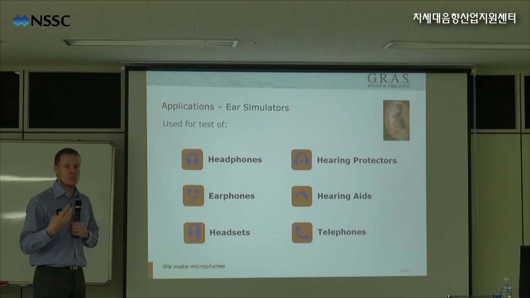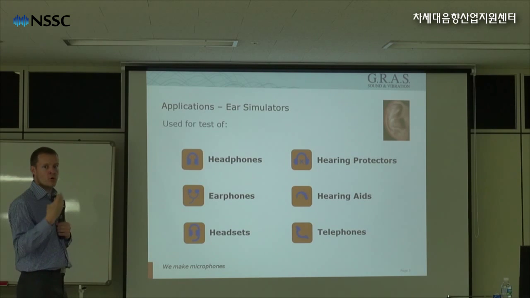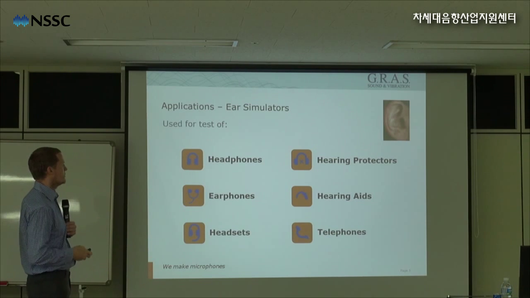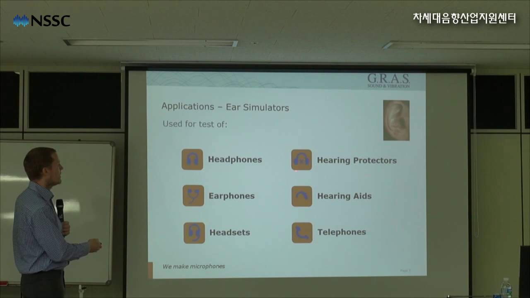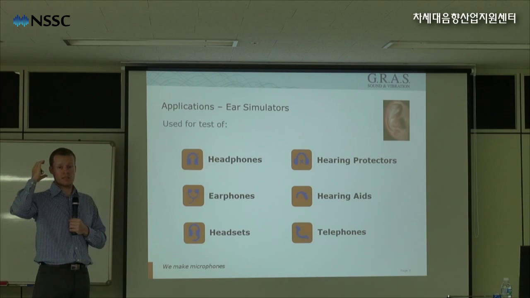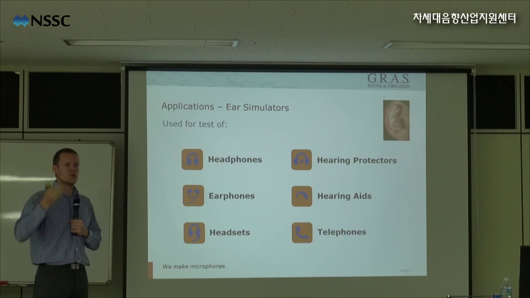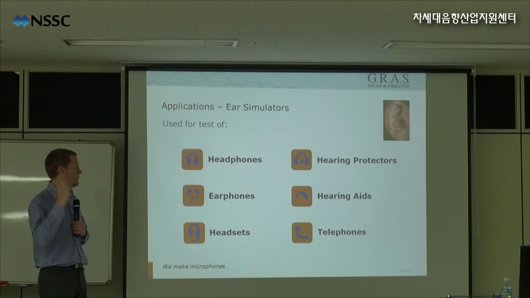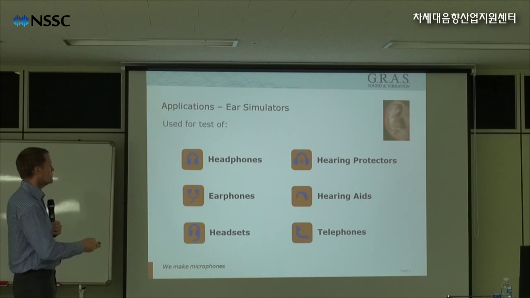Headsets, where you have a combination of ear and microphone for communication and testing the quality of communication. We have special hearing protector test fixtures to test for health and safety issues for human beings, to make sure that the noise level is not damaging to the ear when you wear the hearing protector.